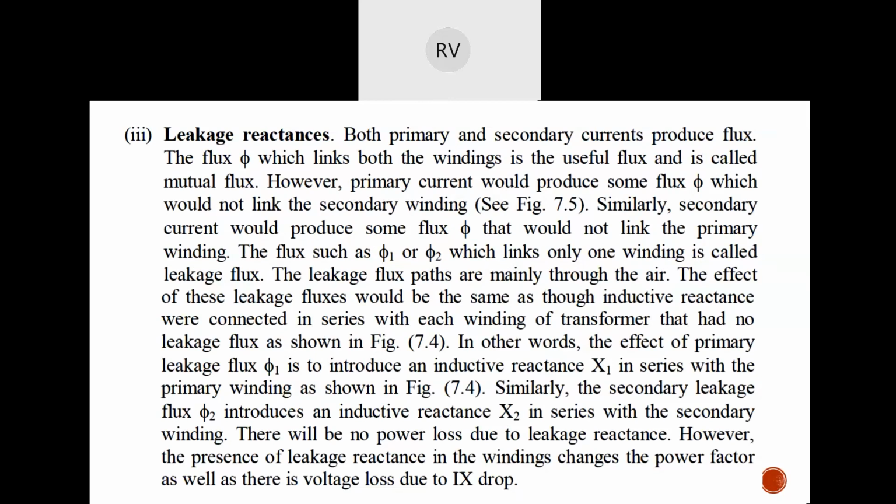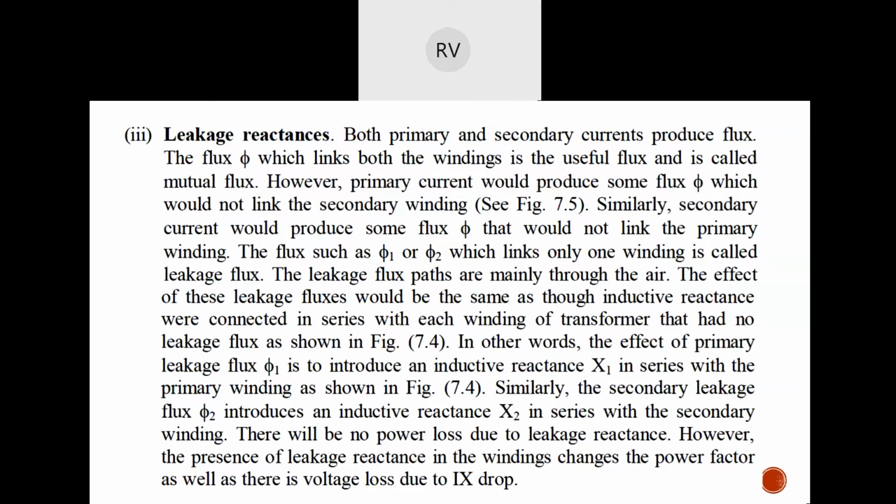And the next thing, and the main part, is the leakage reactances. Both primary and secondary currents produce flux. We know this, right? The flux phi that links both the windings is called the useful flux, or mutual flux. That is, if primary and secondary windings are there and there is a change in the primary winding, that will be linked to the secondary winding; that is called mutual flux.